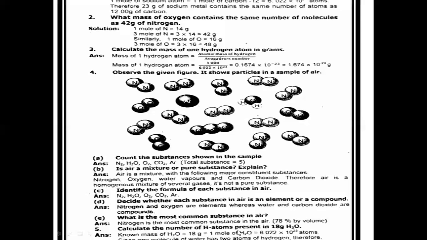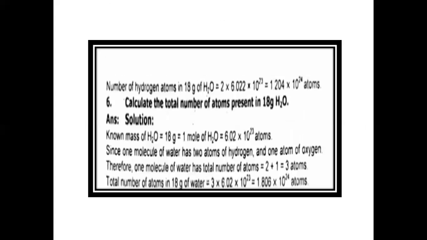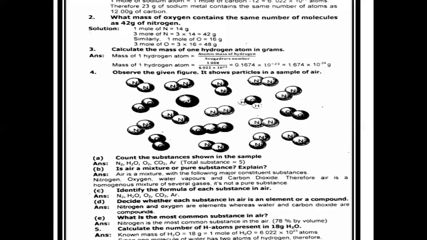Calculate the number of hydrogen atoms present in 18 grams of water. We have to find out the number of atoms. So number of atoms, you know that 18 grams of water, 1 mole of water contains 18 gram.